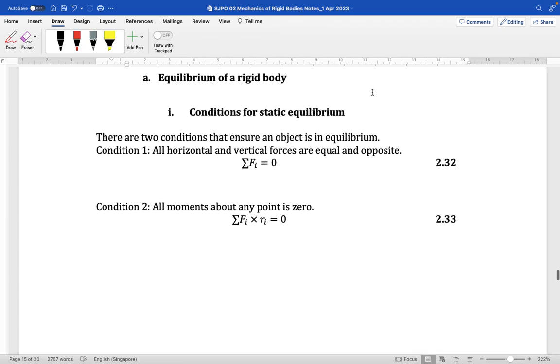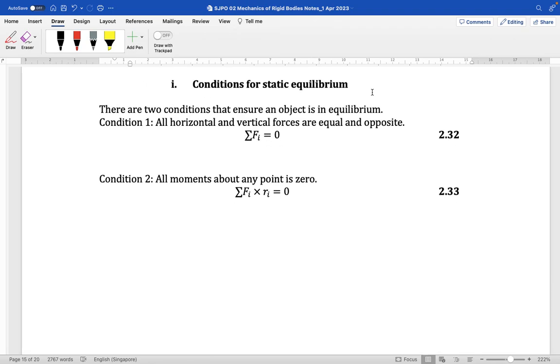We will come up with two conditions for equilibrium. If an object is not moving, the forces acting on it will be equal and opposite, and the moments which act on it will also add up to zero. That means the object is not turning as well.